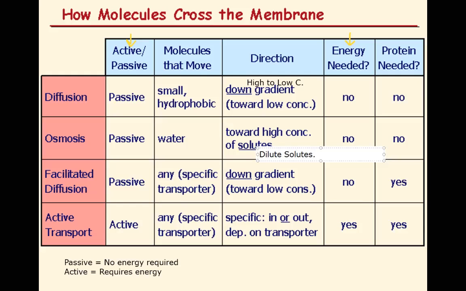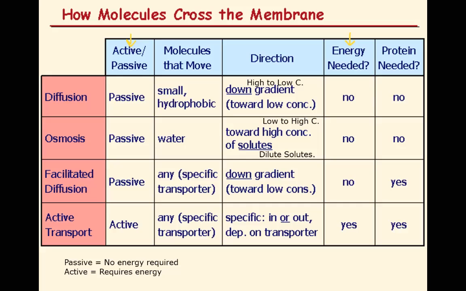In some respects, you can also think of this one as going from low to high, but it's low to high with respect to the concentration of the solute. It still goes from high to low with respect to water, because remember, it is diffusion. So osmosis still goes from high to low with respect to water, but from low to high with respect to the solutes. And again, water is a tiny molecule, so it can go between the phospholipids. It does not need the assistance of a protein.